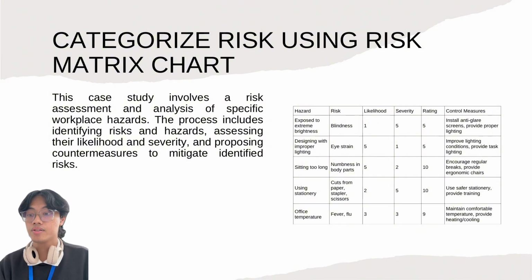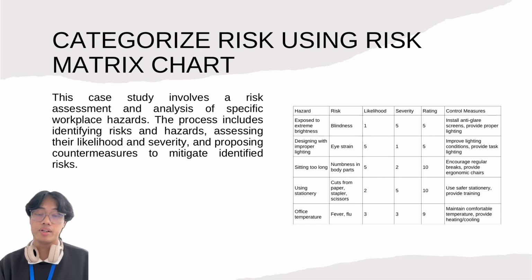This is because the likelihood for this hazard to happen is only once, while the severity is high. However, since it's not likely to happen regularly, I only give a 5 rating. However, there is a control measure that needs to be taken by the company.